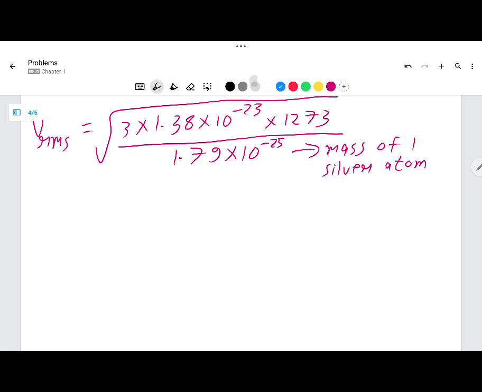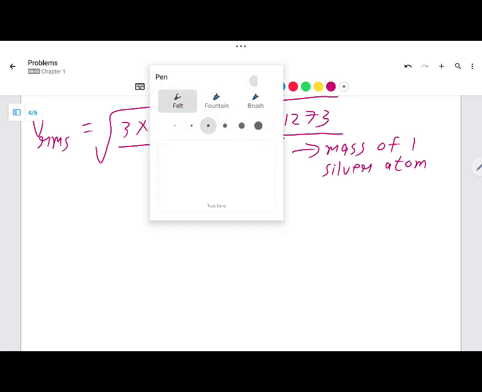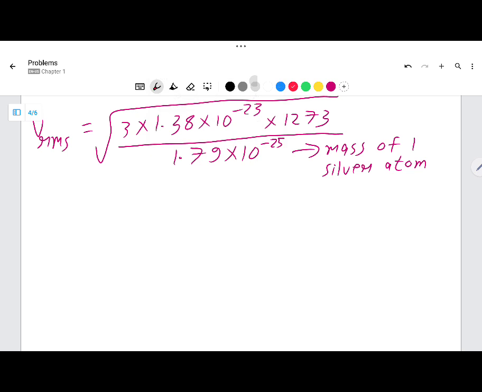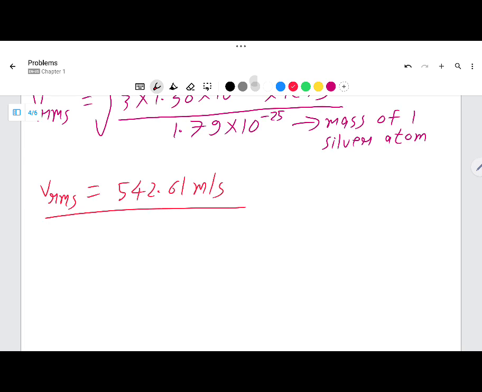And, okay, so since we now know the velocity, plug in all the numbers, get this as your velocity. So all the silver atoms are approximately moving with this much velocity when they are heated to 1000 degrees centigrade.